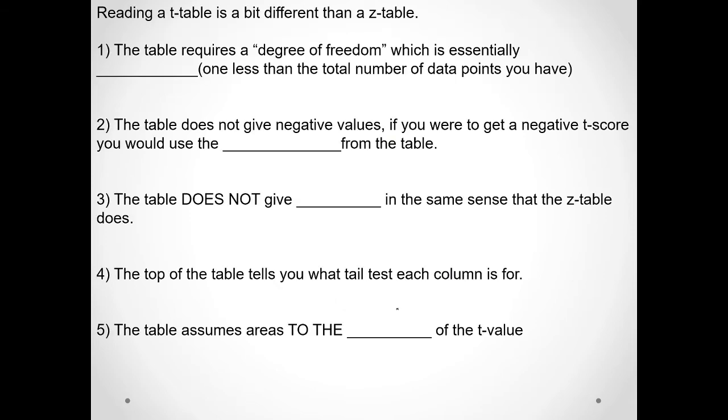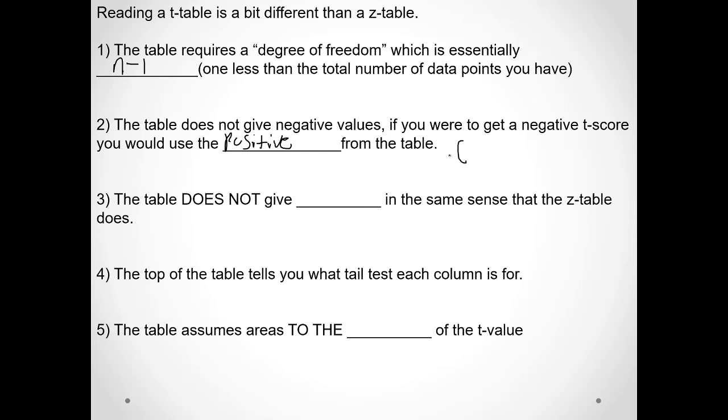So remember, reading a t-table is different than reading a z-table. This is kind of recapping how to read a t-table in case you've forgotten. Remember, we have the degrees of freedom, which is basically n minus 1, the number of values you have minus 1. The table does not give negative values, so if you were to get a negative t-score, you would have to use the positive version from the table. Remember, it is symmetric.